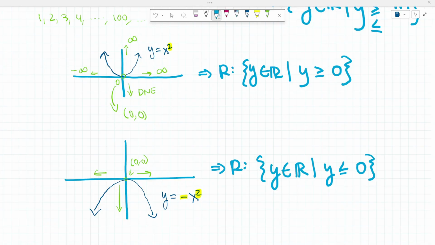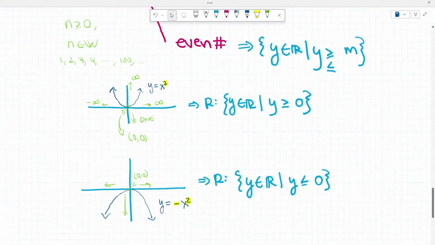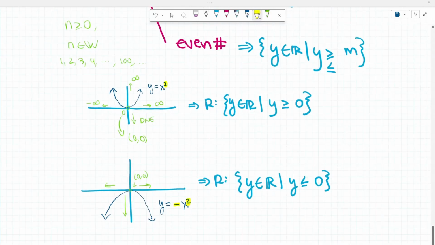So if we want to do a little bit of a summary on this, let's look at some properties that carry over. Our function will have a range that's greater than or equal to some constant when the leading coefficient is positive.